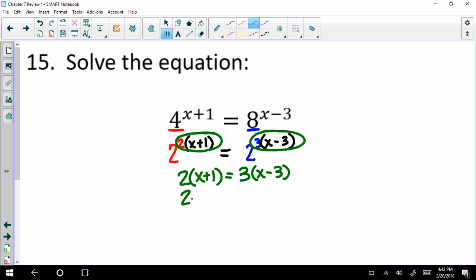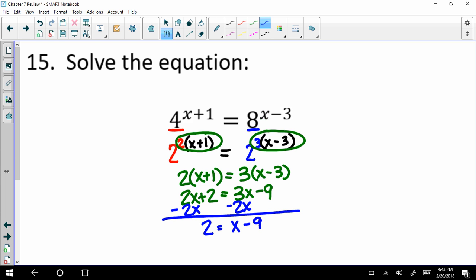You have to distribute. So 2x plus 2 equals 3x minus 9. Then I'll subtract 2x. 2 equals x minus 9. Add 9. X equals 11.